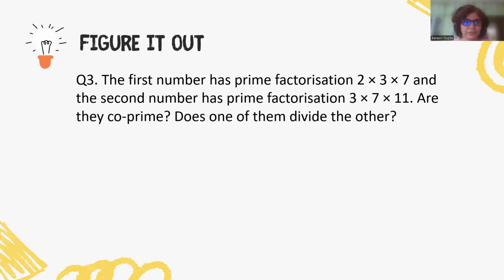So the third problem: the first number has a prime factorization of 2 into 3 into 7 and the second number has a prime factorization of 3 into 7 into 11. Are they co-prime? Does one of them divide the other?